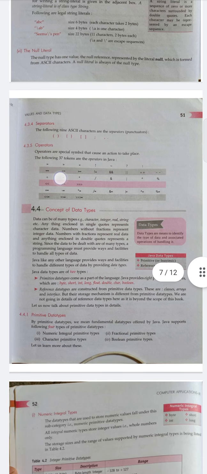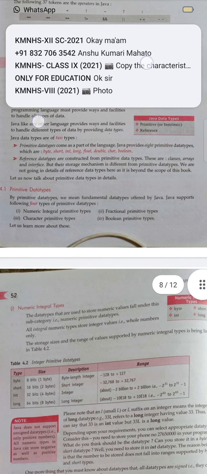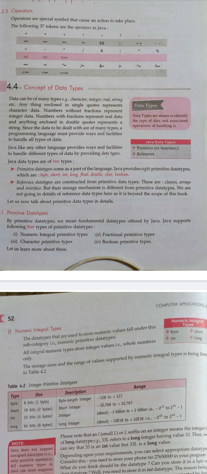Now another very important term is data type. What do you mean by data type? Data type generally is used to identify the type of data and the associated operations of handling it. In and around us we see so many things, but do all of them belong to the same category?